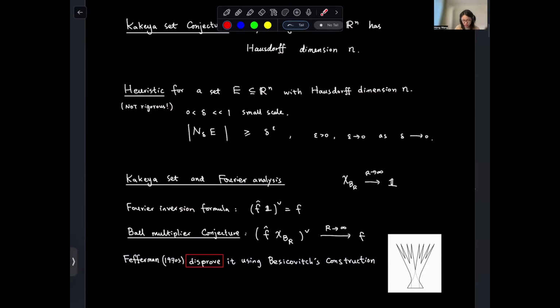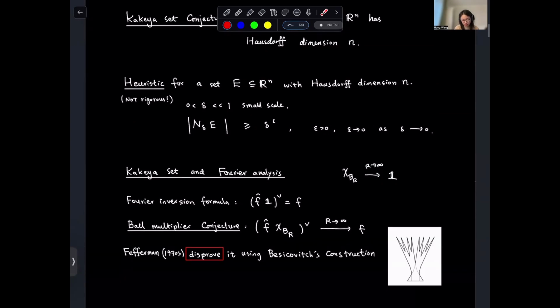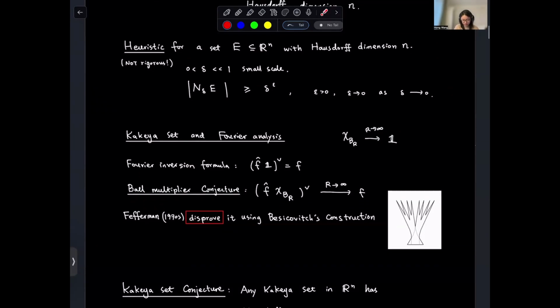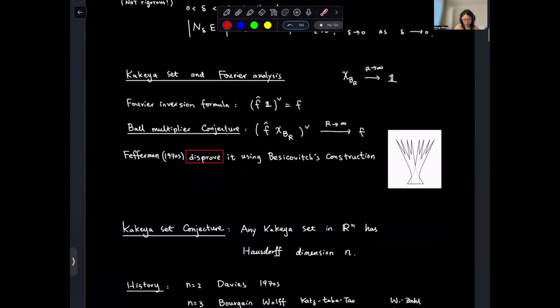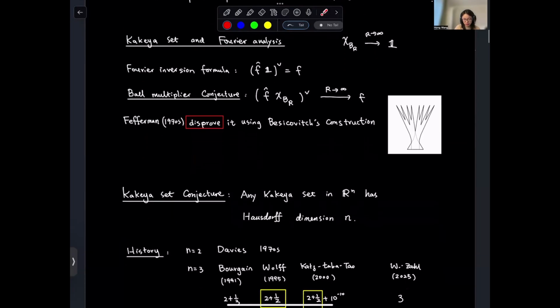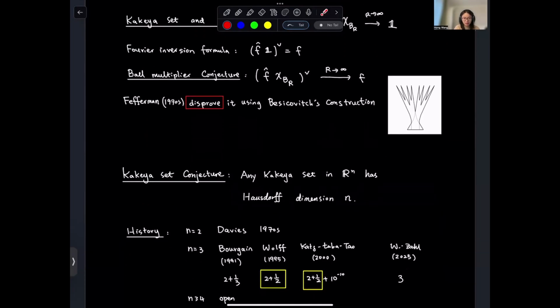This shows how the Kakeya set is closely related to Fourier analysis, and also closely related to how different waves overlap. Because of this connection, many mathematicians have worked on the Kakeya set conjecture.